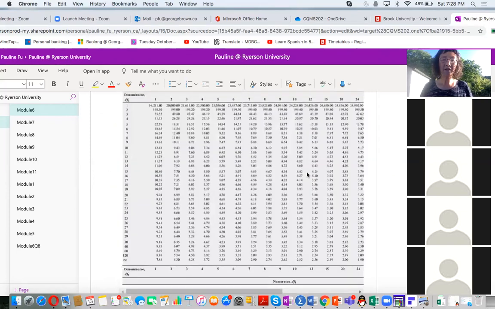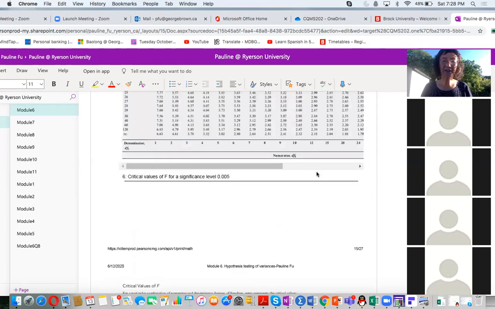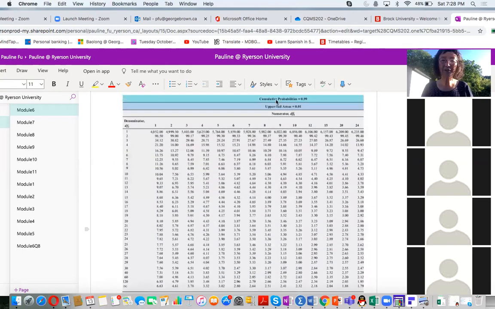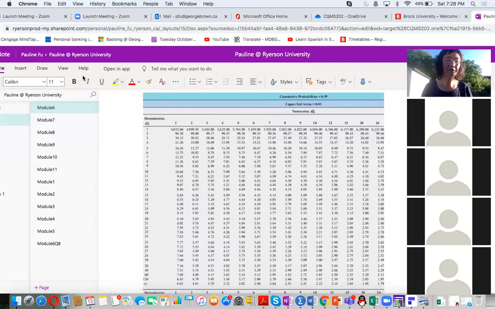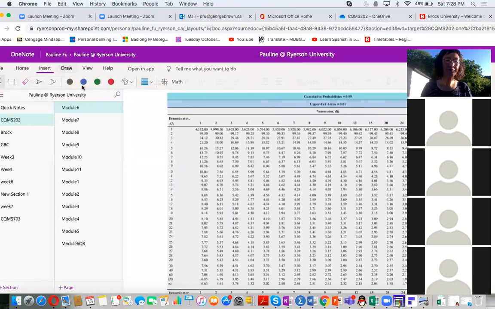Okay. Besides the calculator, by the way, you can also use the table to find the critical value. And how do you use the table? I'll just briefly introduce it, since it is here. First, you find the degree of freedom for denominator, it is here.